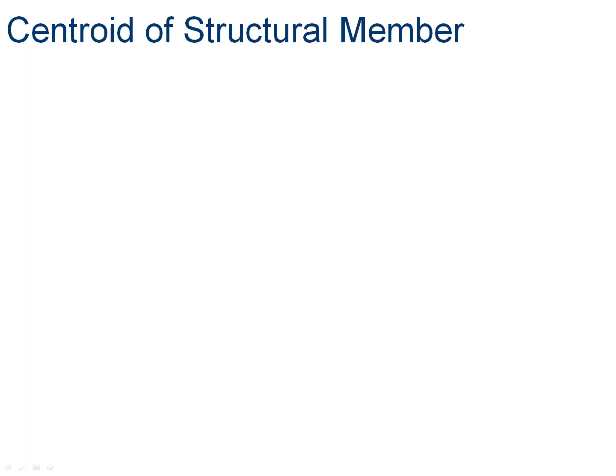So when we look at these centroids, we're really looking at how we calculate the strength of a structural member. And when we're calculating the strength of a structural member, we have to calculate our centroid.